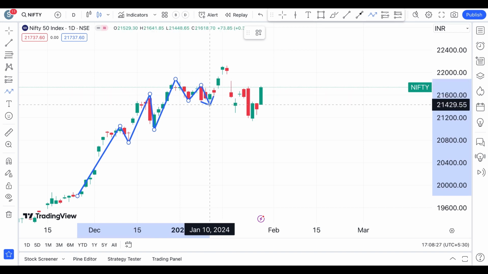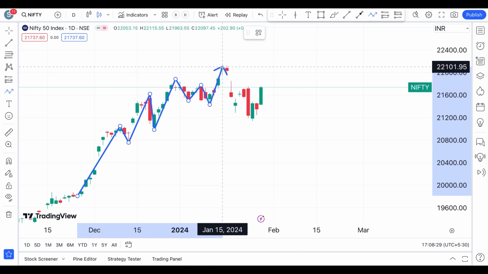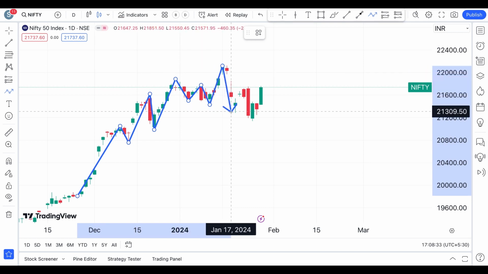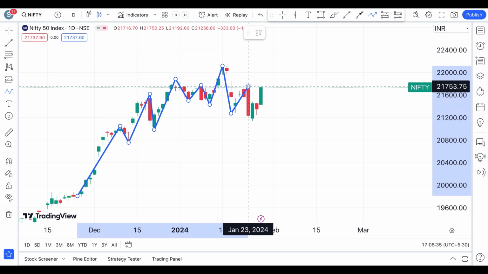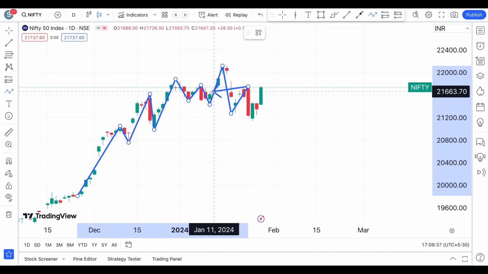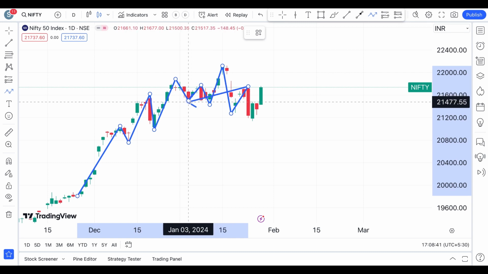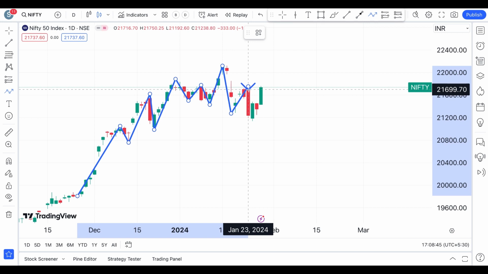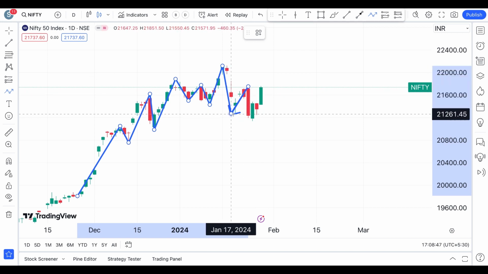After that, immediately we have seen it breaking up this, and from there we have again seen price action coming down. This is a lower high, like this one. This is a lower high, but it has not seen any solid break from this level. But here, this is a lower high compared to that, and here it has seen a break from this level.